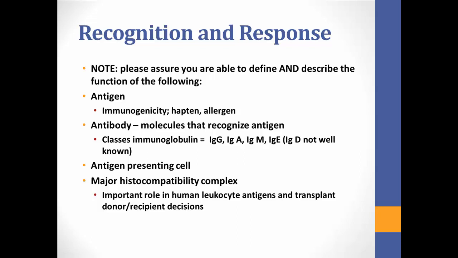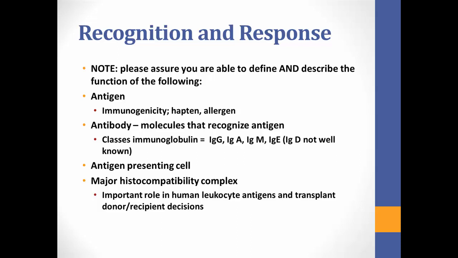And then last but not least is our genetics, our major histocompatibility complex. The major histocompatibility complex is a large group of very complex genes, which tend to be on chromosome 6, and that's our genetic makeup as it pertains to our immune response.